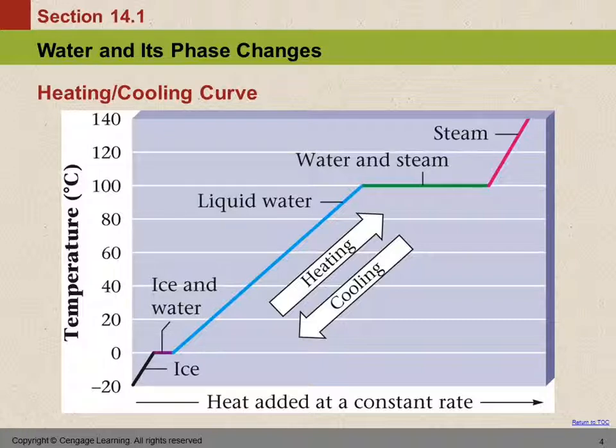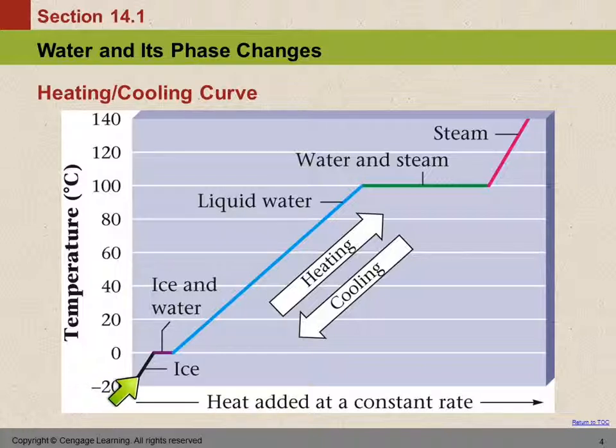Let's look at what happens in the transitions between these states. If we take water at minus 20 degrees Celsius, and here on this graph, temperature is increasing on the y-axis, and the x-axis is representing heat that we're adding to this sample of ice. So the water at minus 20 is frozen.